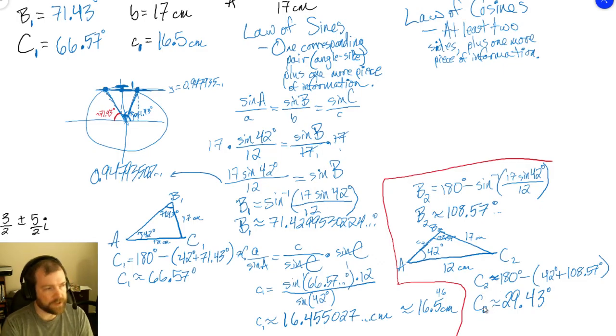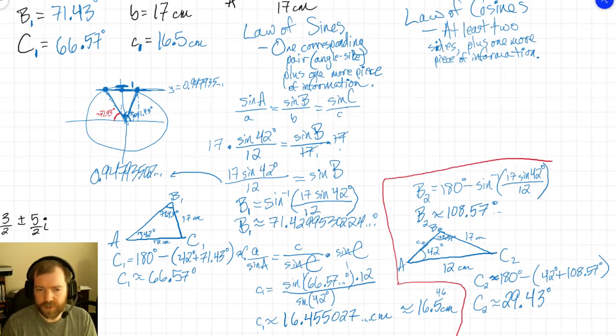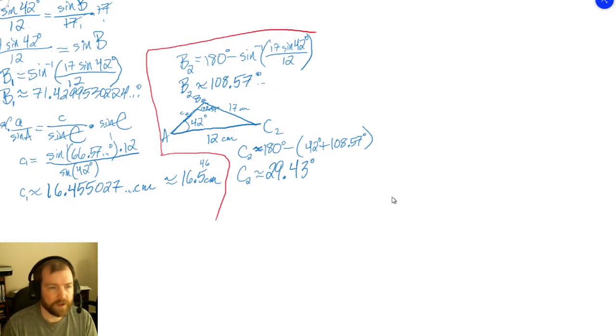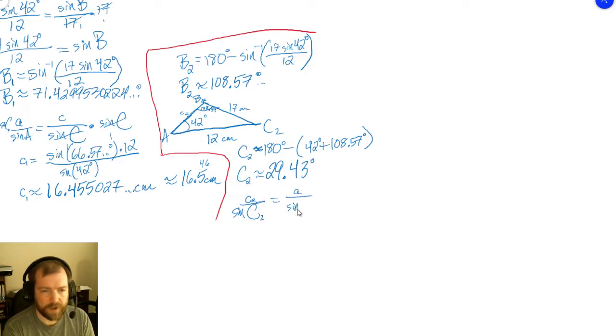So then little c2 is going to be found again, much the same way that we did little c1. Little c2 over sine of big C2 is going to be equal to, again, a over sine of big A. We need to find little c2, so multiply both sides by sine of C2.